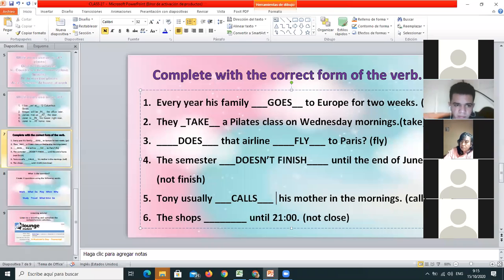Yes, that's right. Tony usually calls with the letter S. Very good. Rebecca Cabrera, number 6, the shops. Look.